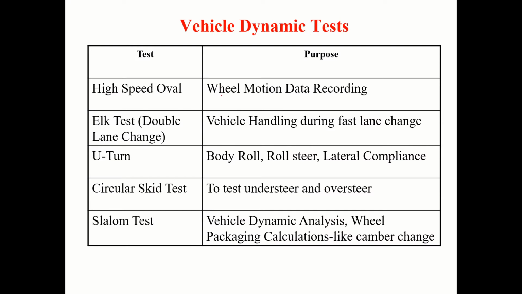Normally the high-speed oval test is done to test the wheel motion, and we can record the data, analyze the data, and make any setting changes. In the wheel motion test we can look at the camber, the caster, and things like that.